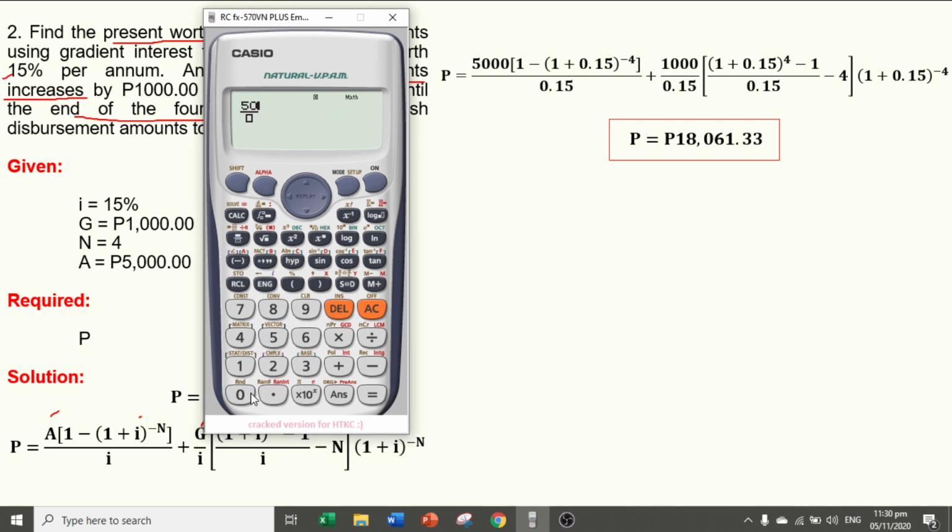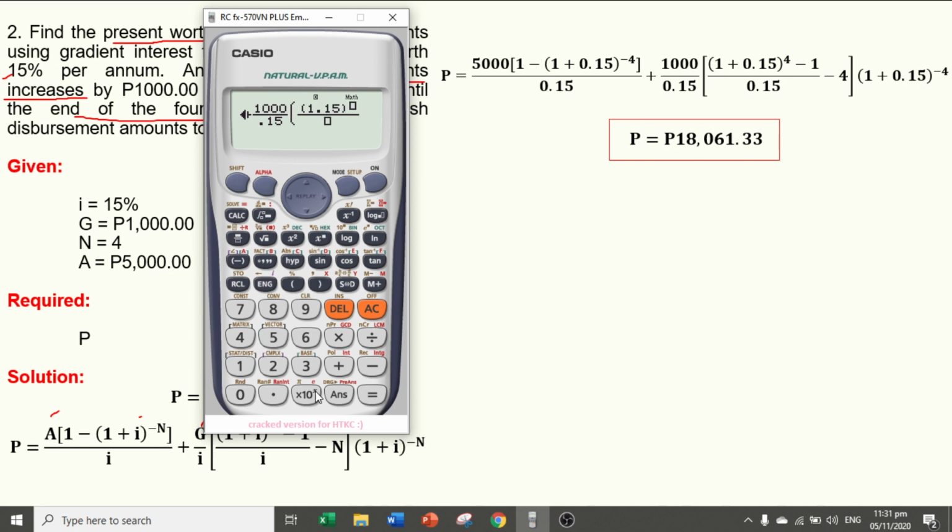Sige nga, i-ano natin sa calculator para ma-compare natin sa Caltech. So, 5,000 over 0.15, 1 minus 1.15 raised to negative 4, plus 1,000 over 0.15, 1 plus, gawin na natin 1.15, no?